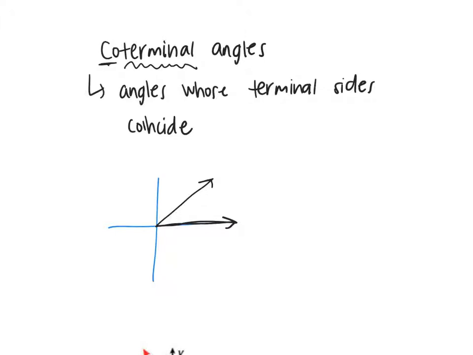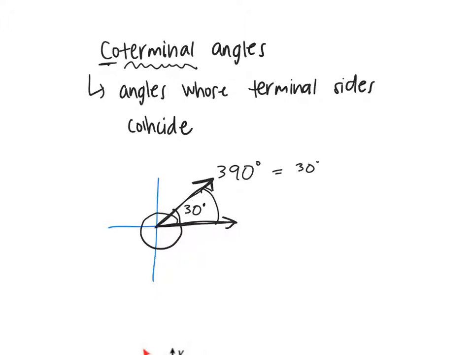Let's pretend that was like 30 degrees. So this angle that you see here, that could be 30 degrees, right? If I have this terminal side here. But do you see how it could actually be like 30 and then going 360? So that's 390 degrees, right?